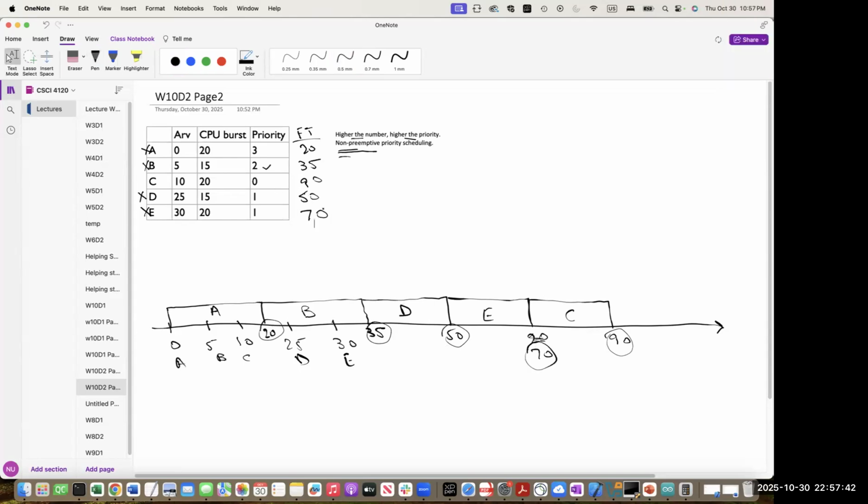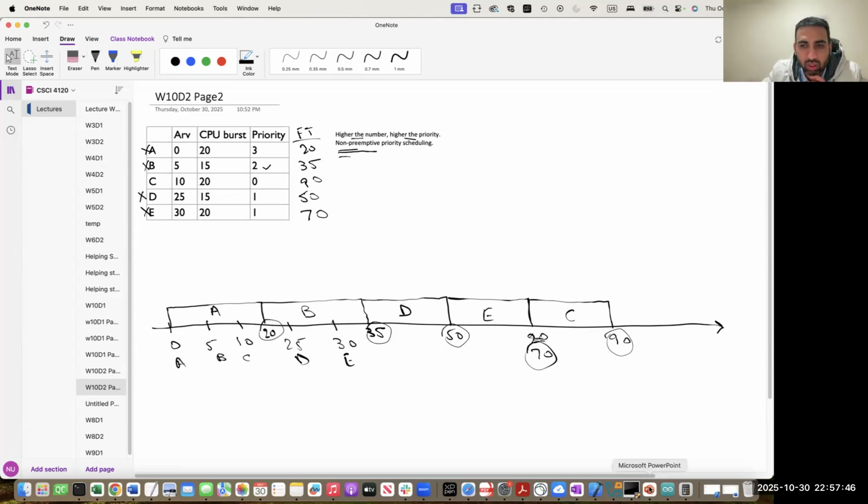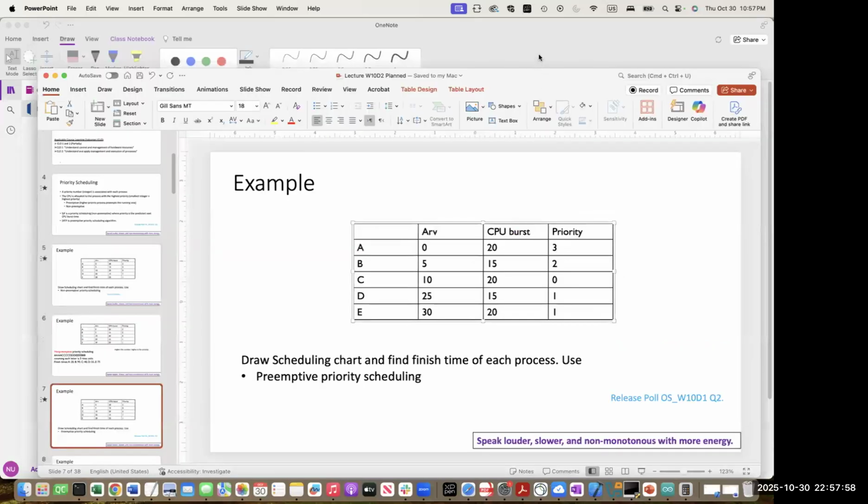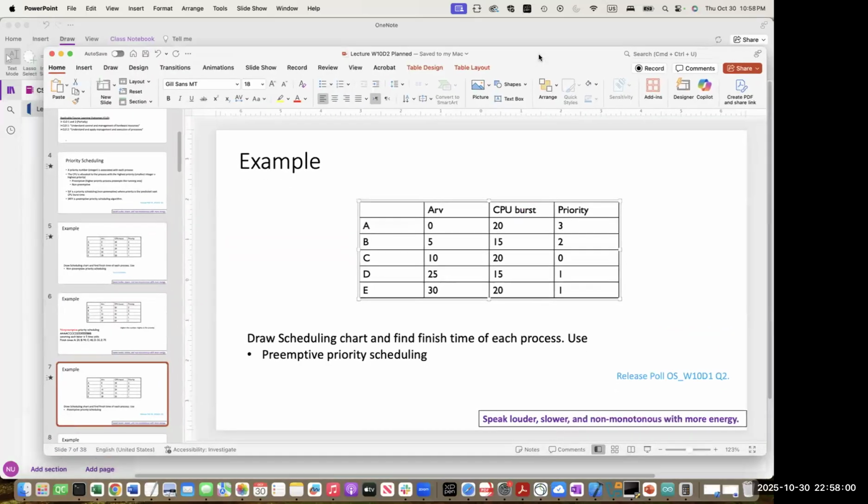I had a question about the slides. Yeah, good. Slides are the example on OneNote. I don't actually see W10D2. I see W10D1 on the 28th, but then there's the practice exam one and then the midterm exam, but there's nothing that actually says D2.